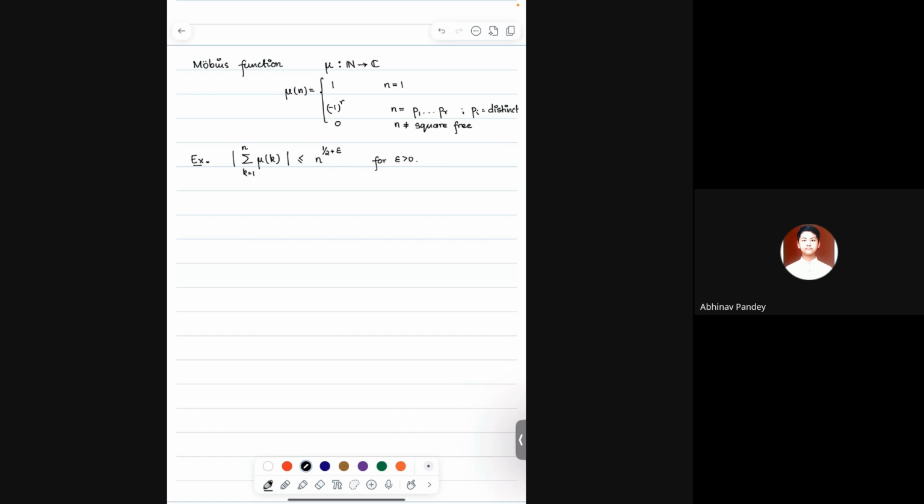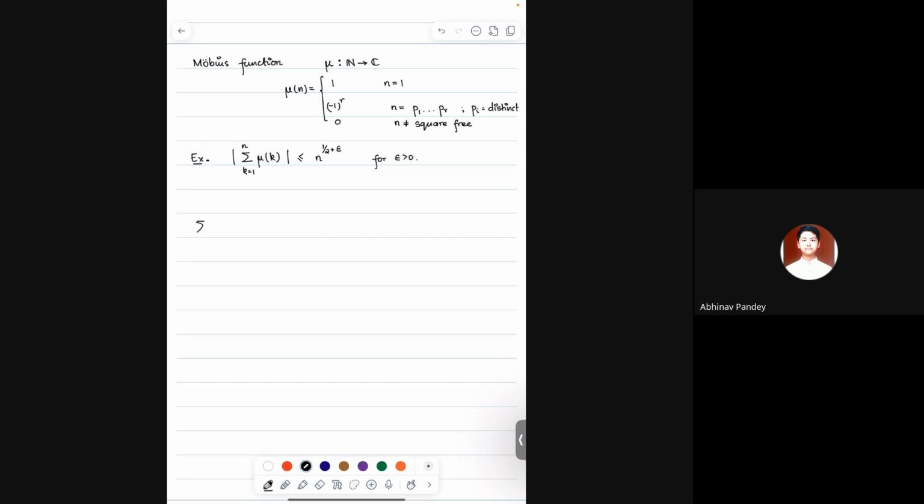Okay. So why is the Mobius function interesting, or why is it important? One of the main reasons for this function being very popular for study is the following fact that I'm going to write down, and I'll give a quick sketch. Let's say I have the summation of mu d over d dividing n. It takes the value 1 or 0 depending on n being 1 or n being bigger than 1.